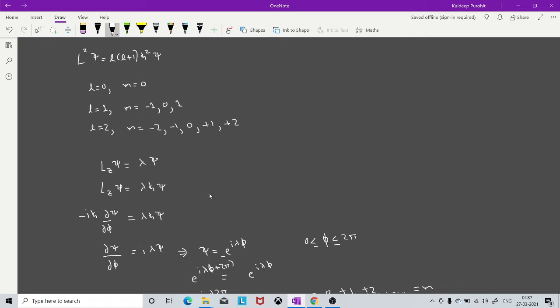So here L is generally the orbital quantum number, and m is actually the magnetic quantum number.